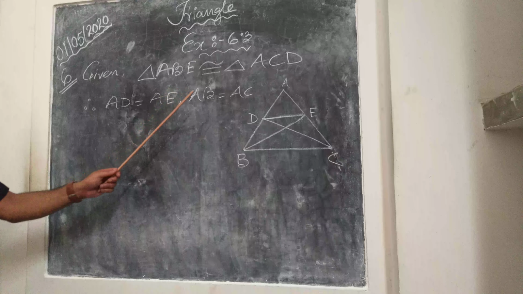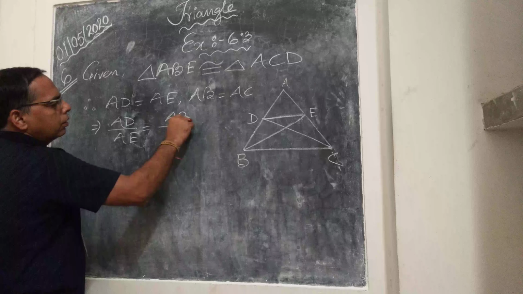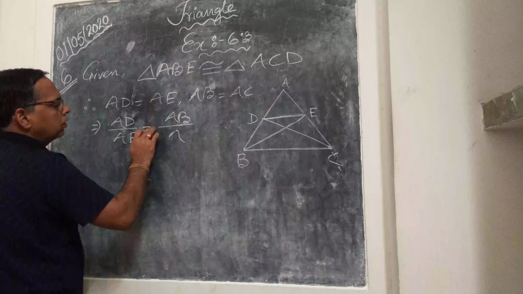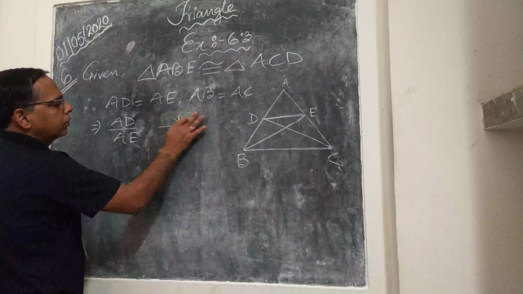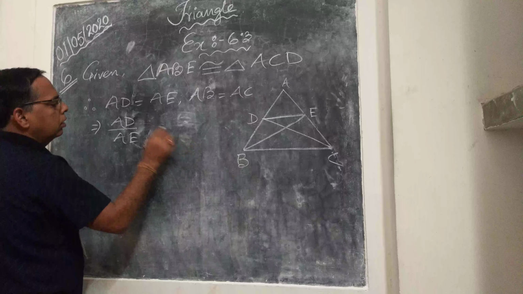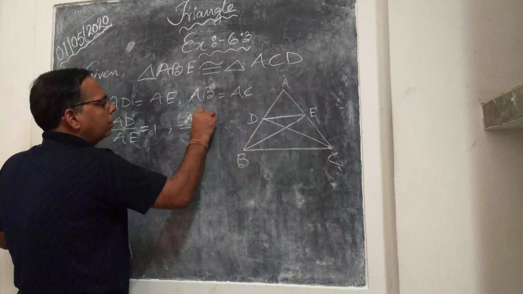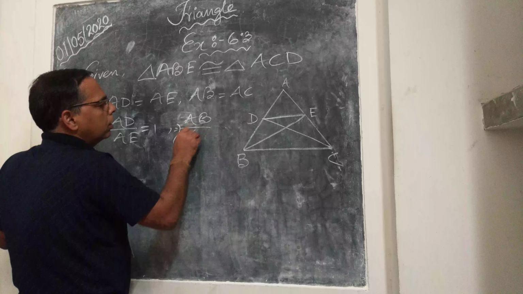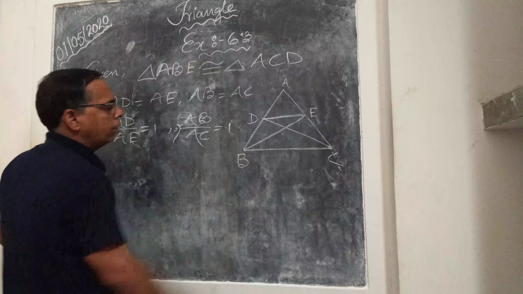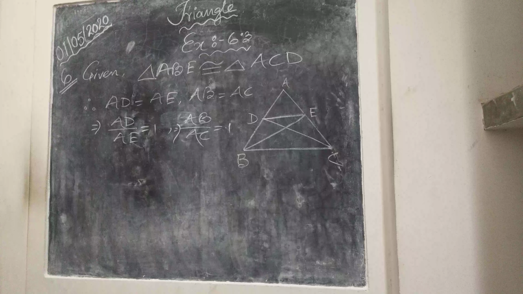AD by AE equals 1, and AB by AC equals 1.